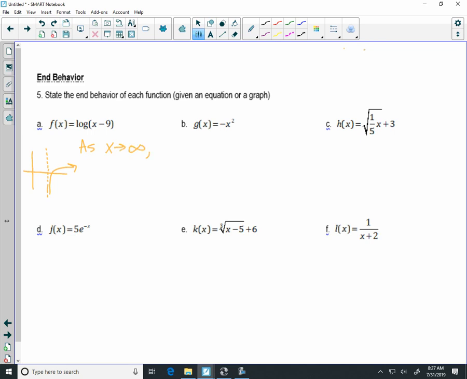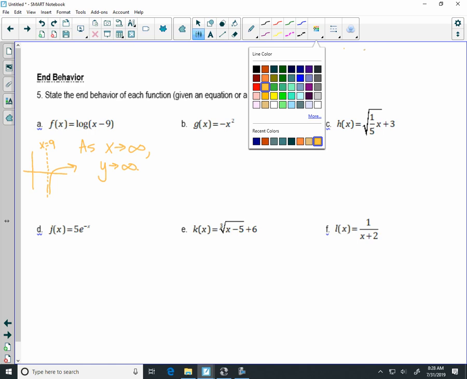This transformation is just right 9 units, so our asymptote would be at x equals 9. So as x approaches infinity, our y is going to be going up forever. So y approaches infinity. And that's your end behavior for A.